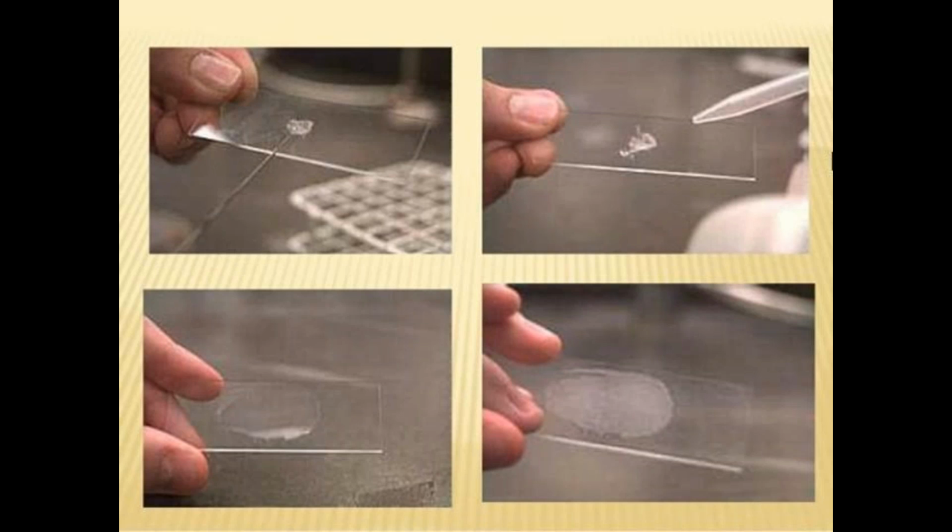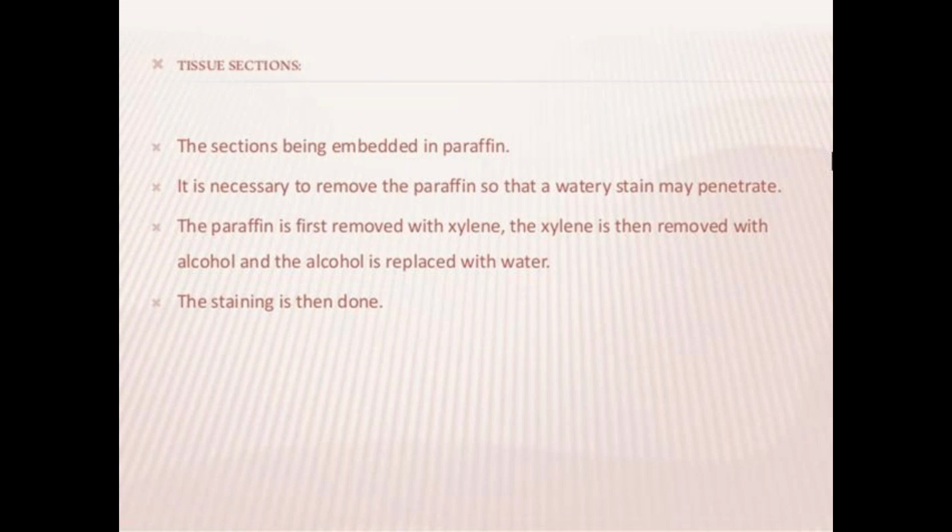See the slide here, we are just taking a normal slide, and on that the culture sample is placed and spread over the slide, and when it is air dried and heat fixed, that makes the smear, and that is called smear preparation. It is mainly for the observation of microorganisms.